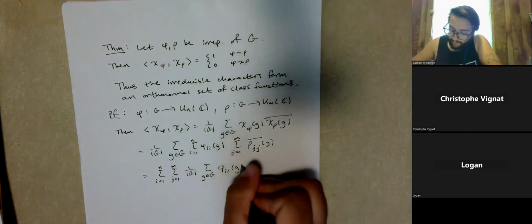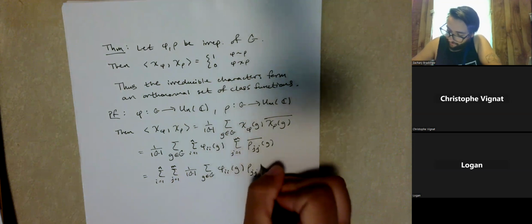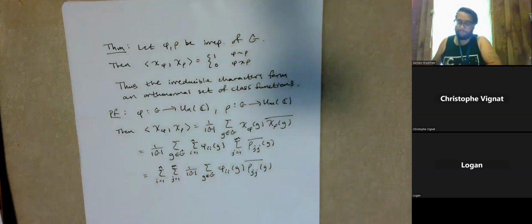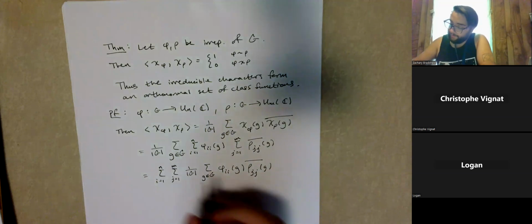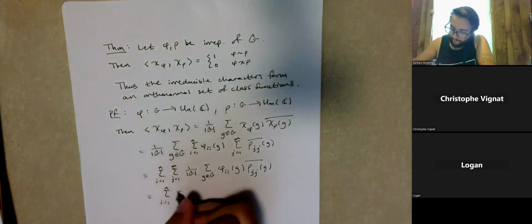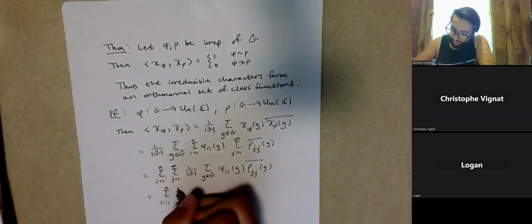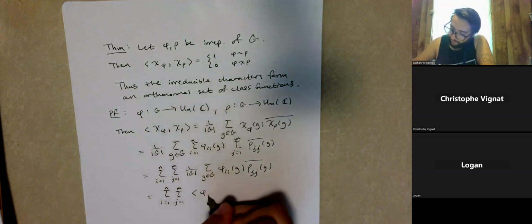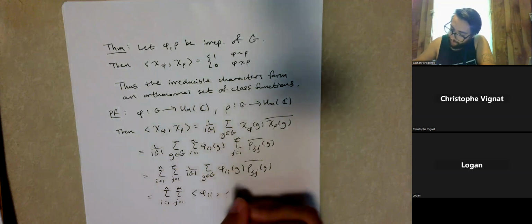Phi_i(g), rho_j(g), complex conjugate. And this is the sum from i equals 1 to n, sum from j equals 1 to m of the inner product of phi_i with rho_j.